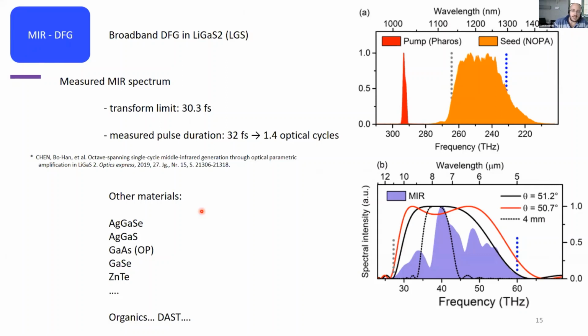Other relevant materials that you can have for mid-infrared operation are LGS, silver gallium selenide, silver gallium sulfide, optically patterned gallium arsenide, gallium selenide, zinc telluride, and so on and so forth. So these all belong to the class of either low band gap dielectrics or semiconductors. Gallium arsenide does not allow phase matching, so you need to do the equivalent of periodic poling, that is optically patterned.